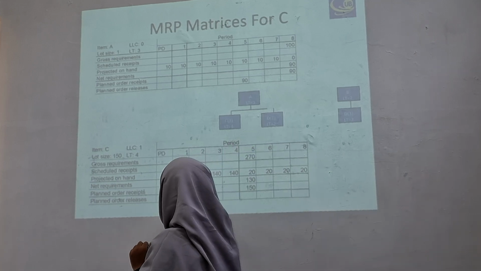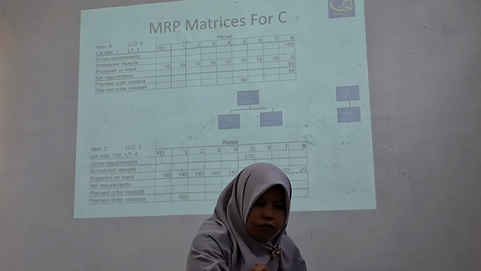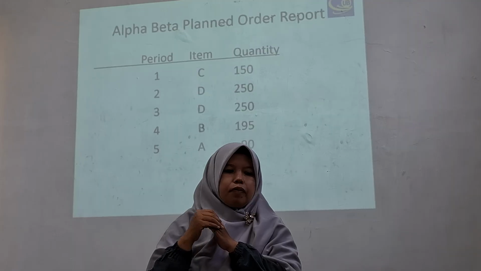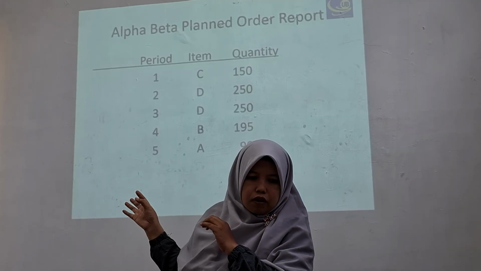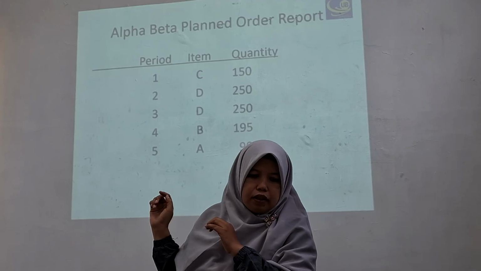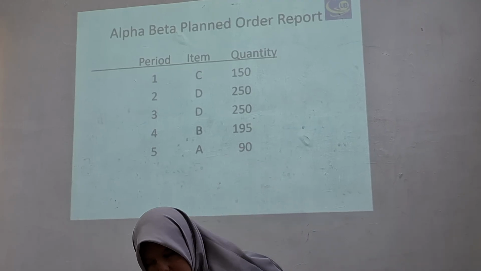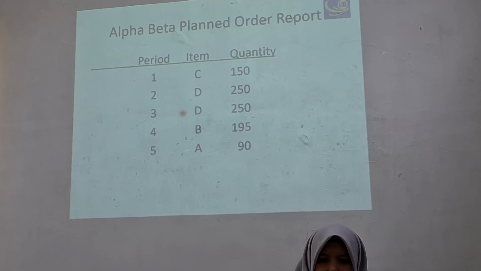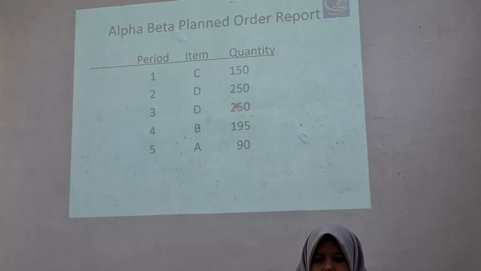Yes, the conclusion: 150 for item C in period 2. The need for item D, the quantity is 250, the same as the lot size. Item G in period 3, the quantity is 250.